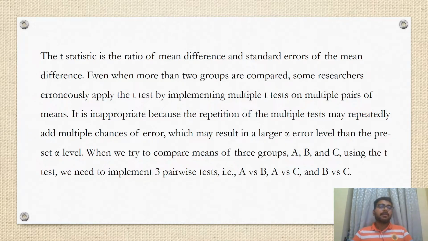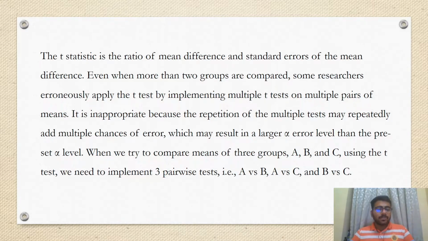Whenever we multiply the tests we run on our groups, we increase the chances of error. The more times we test, the more the error level increases, resulting in a larger error value.